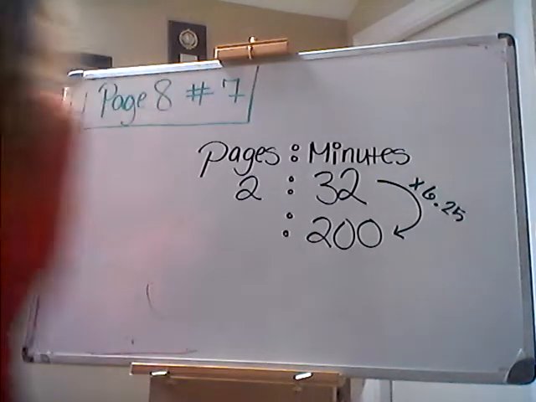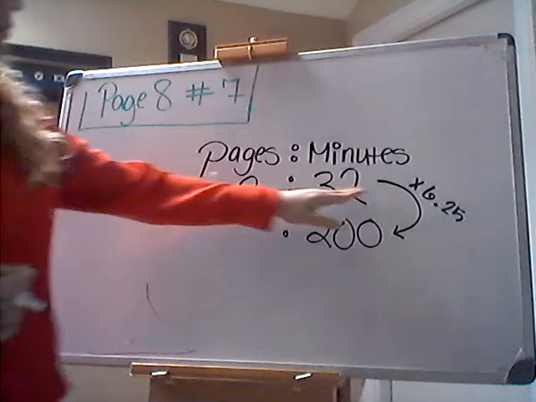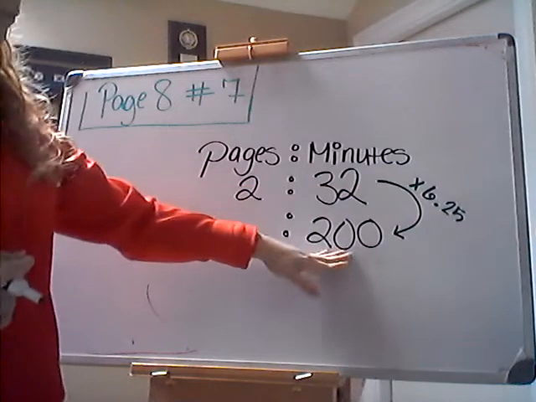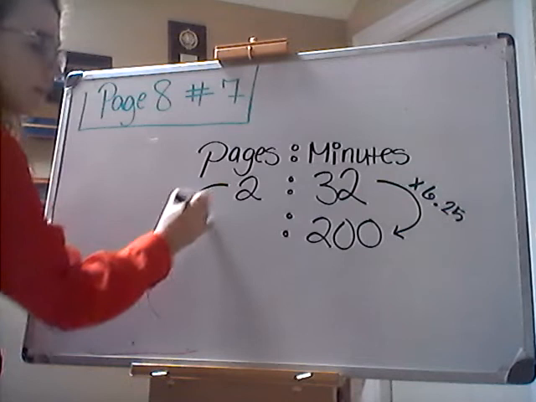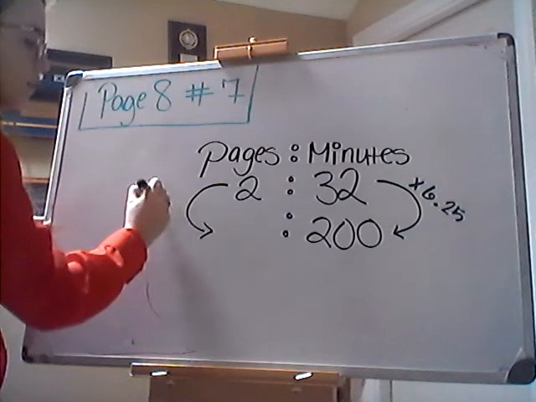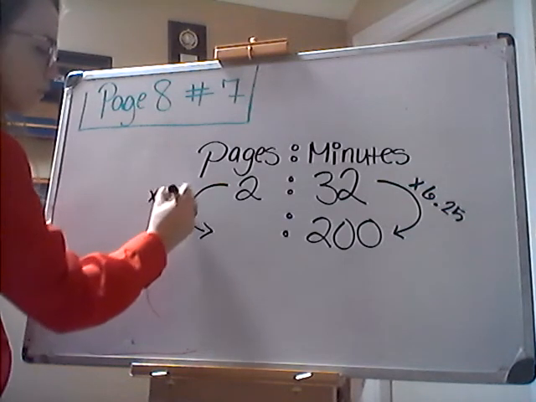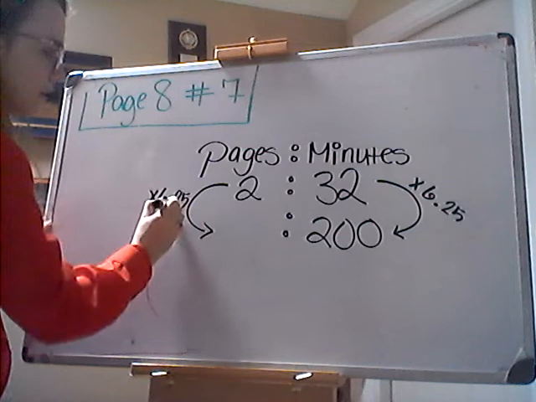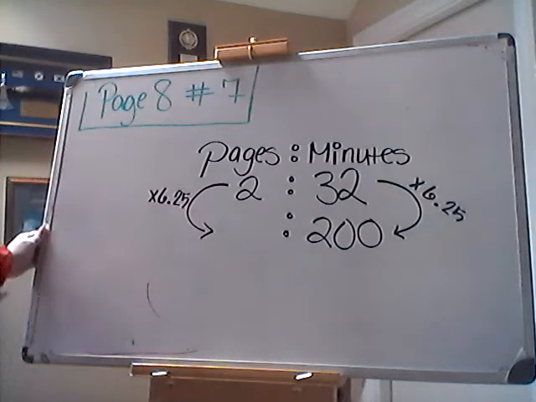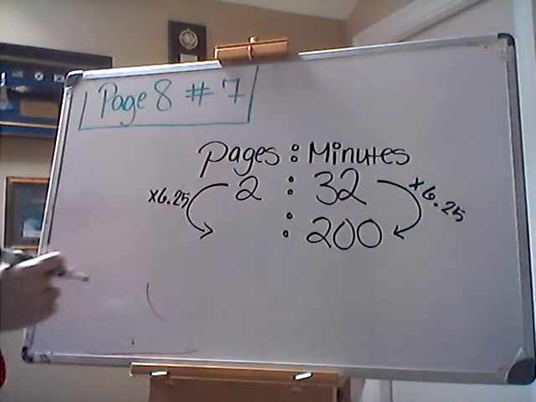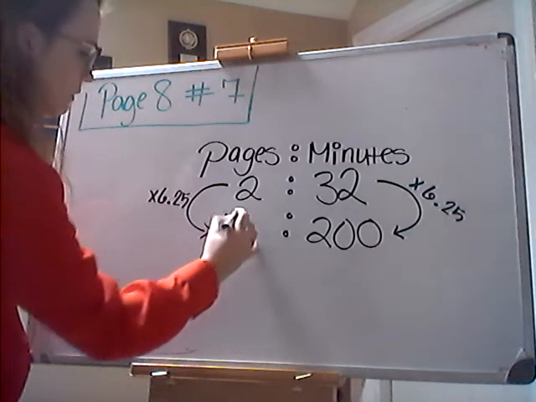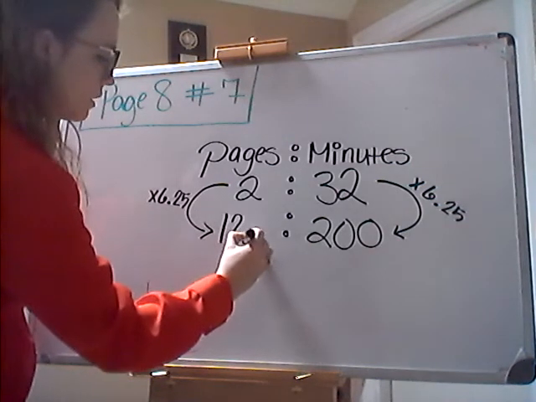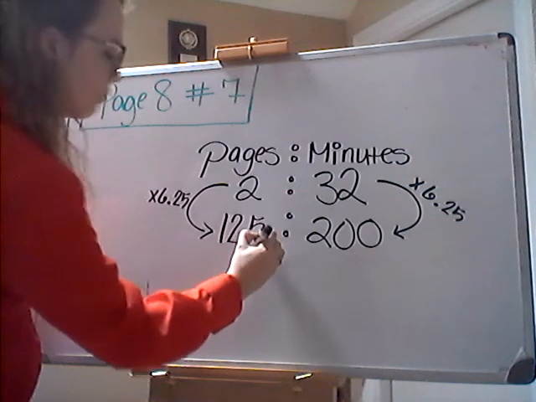It worked. So if I can multiply this side by 6.25 to get 200 minutes, then I can multiply this side by 6.25 to get how many pages he could complete in that amount of minutes. 2 times 6.25 is 12.5, or 12.50.